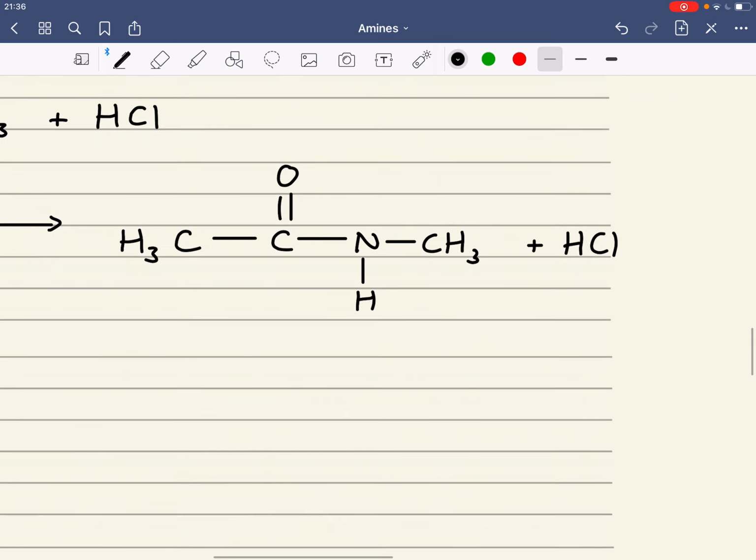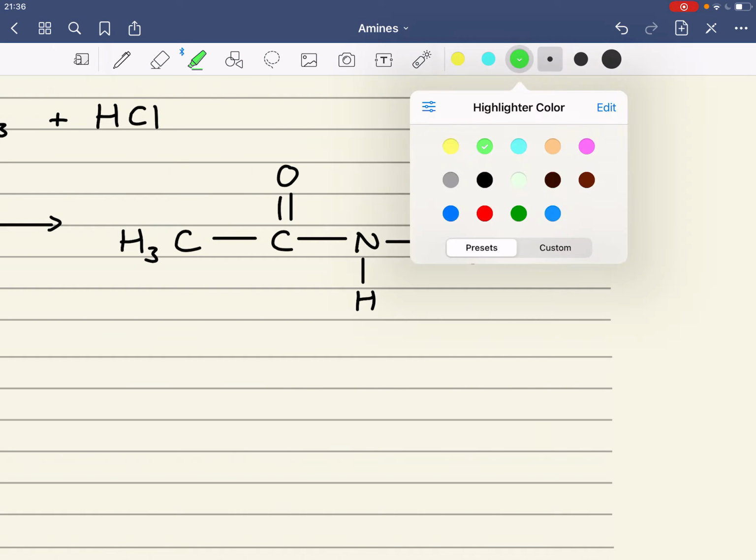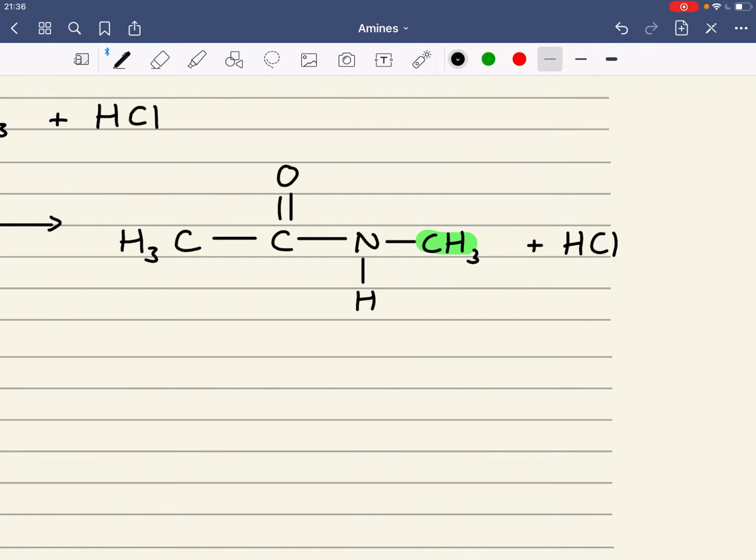So the name of this product would be, when you look at what the alkyl group is attached to the nitrogen, it's a methyl group. So this would be called N-methyl.